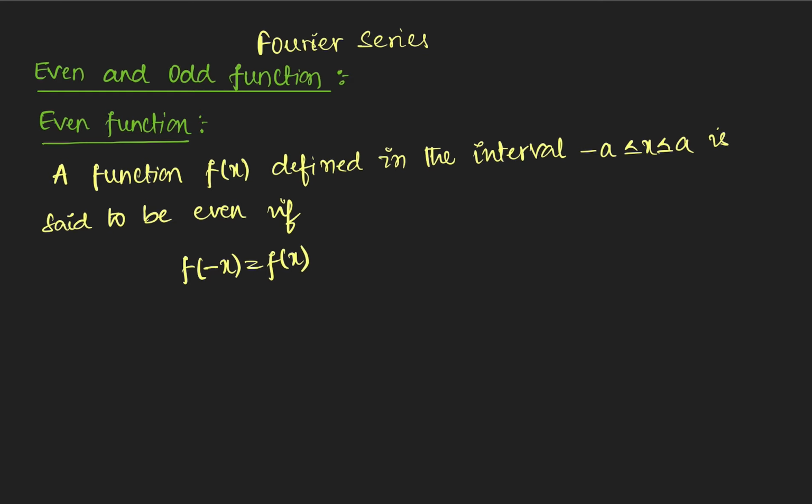Means, by replacing the value of x in the given function f of x, we need to get back the same function. So that is the definition of the even function.